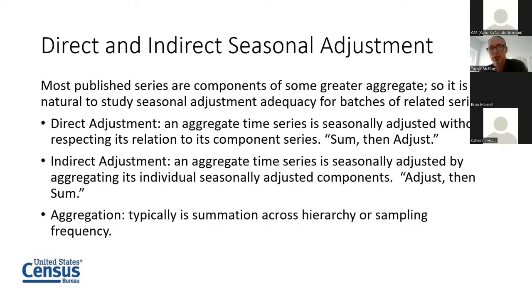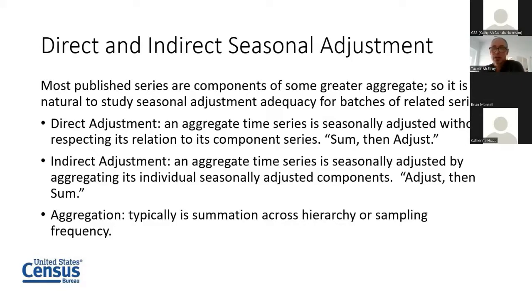So direct adjustment, the idea is that you have an aggregate time series higher in the hierarchy, and you would just seasonally adjust that without respecting its accounting relations or aggregation relations to its subcomponents. So heuristically, you think of it as summing those component series and then adjusting the sum.